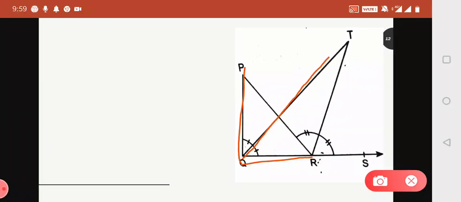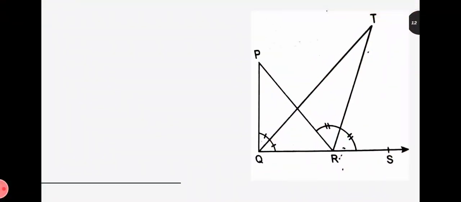Similarly, another bisector, that is RT, is the bisector of angle PRS. These two bisectors meet at a point T. When angle PQR is bisected, the bisector will become QT, and similarly when angle PRS is bisected we get the bisector RT.